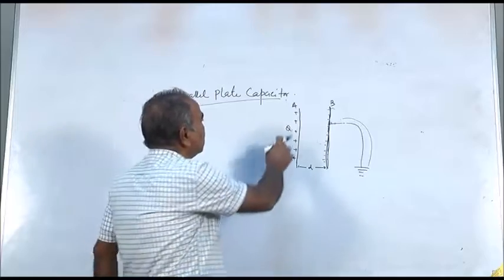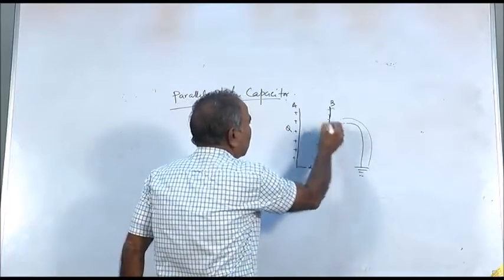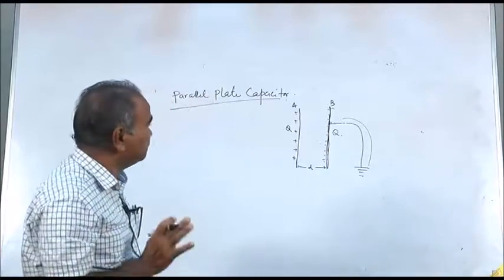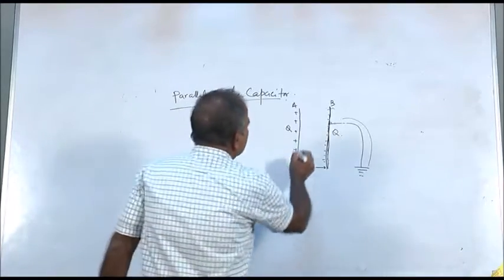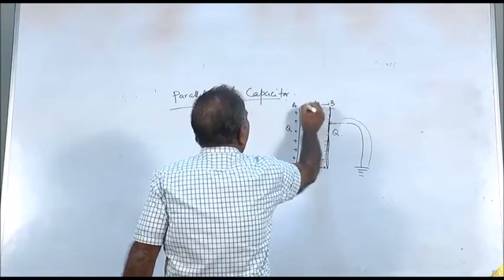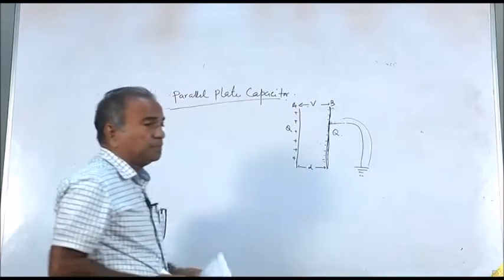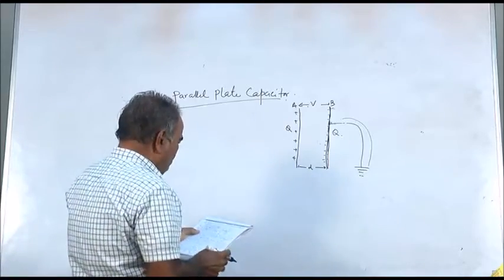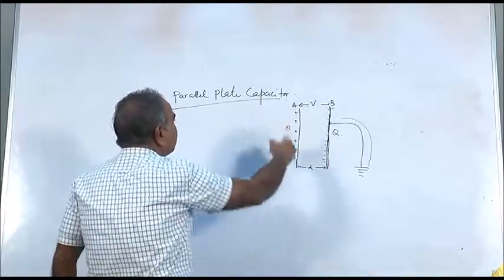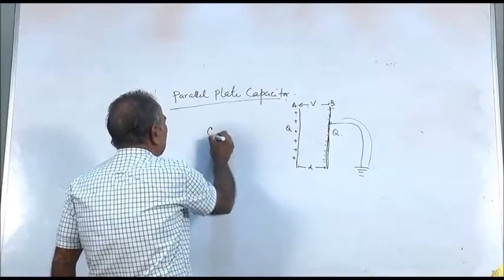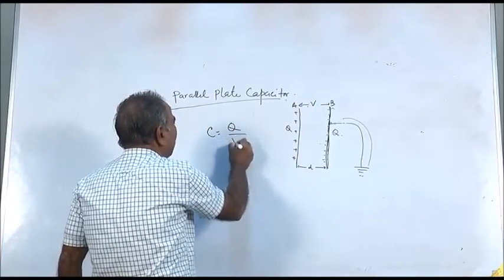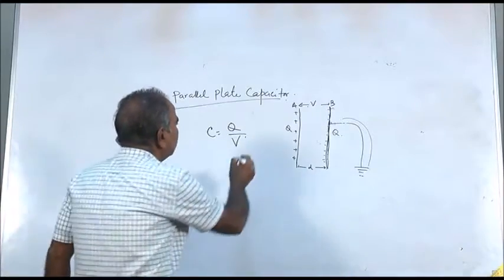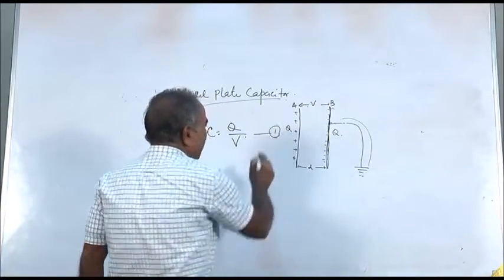So an equal amount of negative charge is developed on plate B, which means a potential V has been developed. And so the capacity of this parallel plate capacitor is C equal to Q by V. Equation 1.